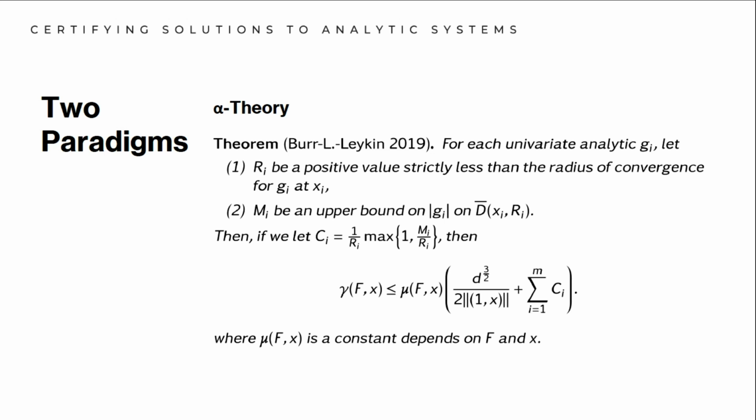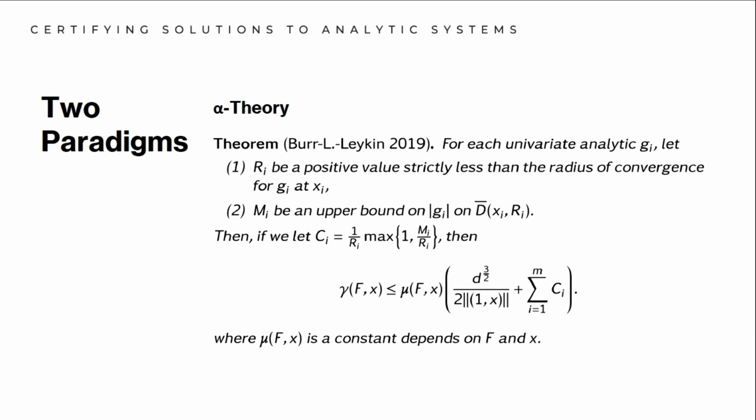This is a positive value, which is slightly less than the radius of convergence of gi. Since gi is an analytic function, we can think about the series expansion, then we can also get the radius of convergence. The positive value slightly less than that will be called Ri. And Mi is just an upper bound of the absolute value of the analytic function over some disk. So when we have these 2 values, then we can also compute this upper bound for this gamma.